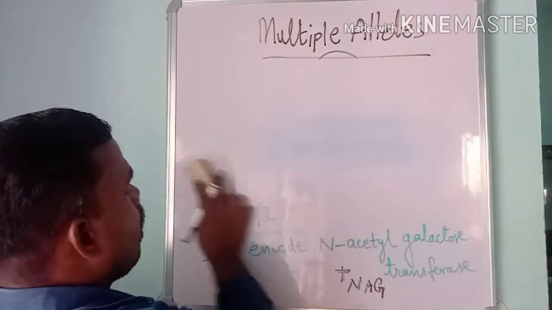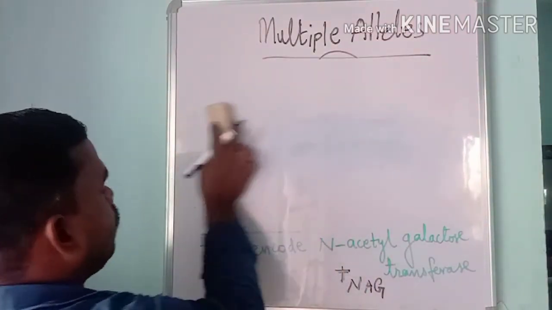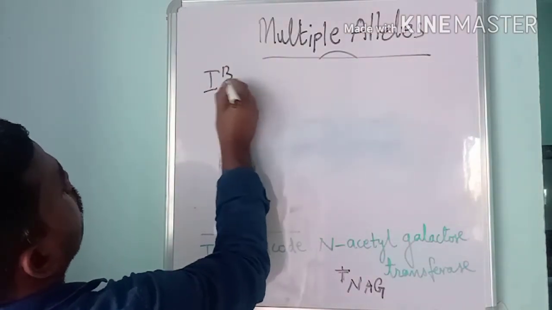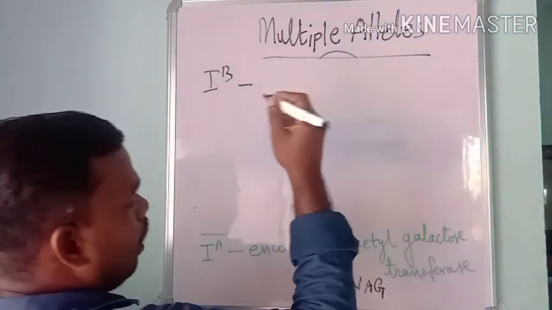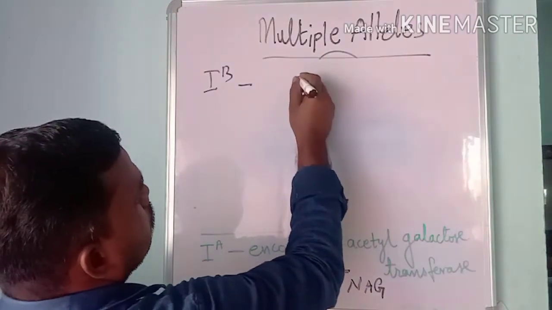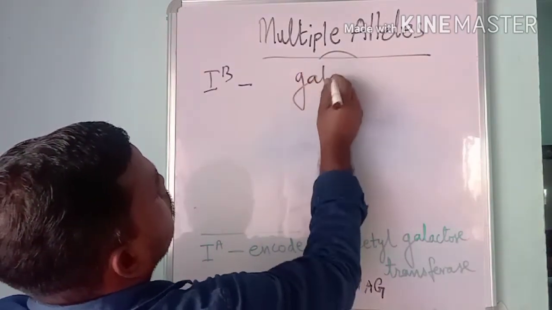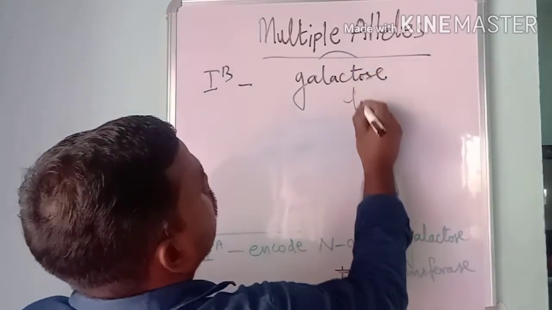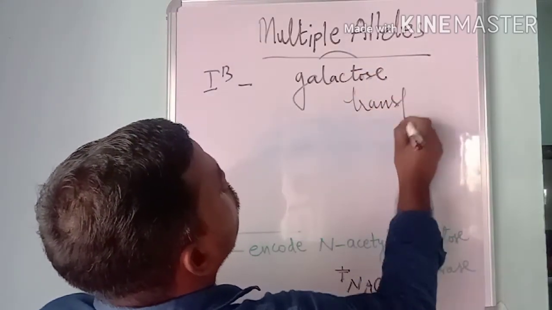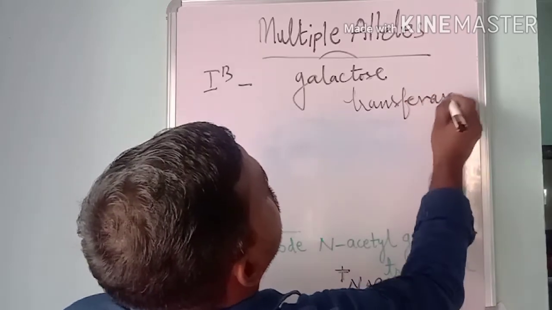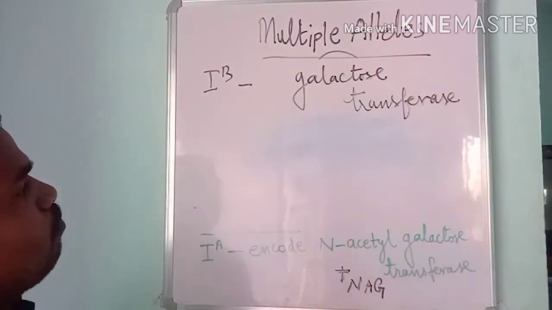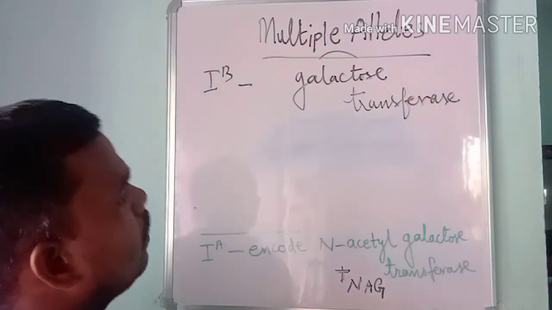What does allele B encode for? Allele B encodes the enzyme galactose transferase. Okay, so allele B encodes the enzyme galactose transferase.